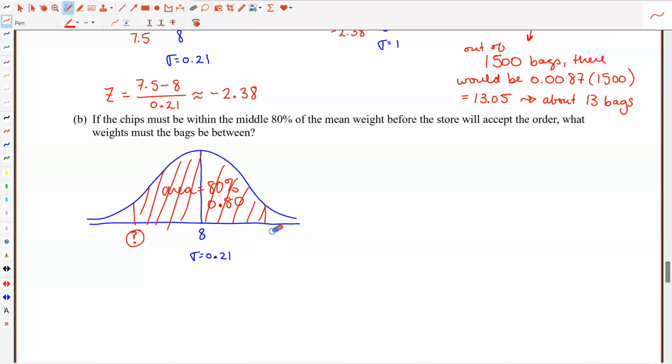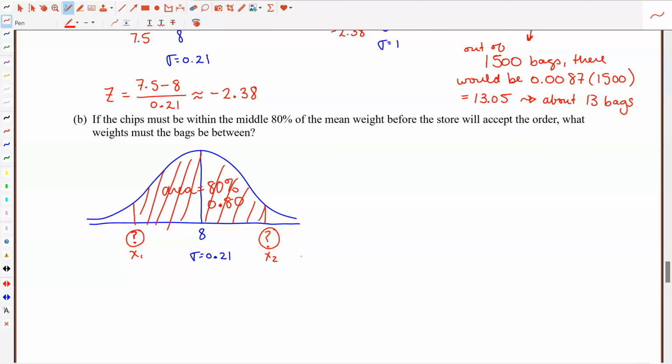These are the weights that the bags must be between, such that it captures this middle 80% around my mean. So let's go ahead and find those two values. Just for the sake of later calculations, I'll label this value to the left x sub 1 and this value to the right x sub 2.